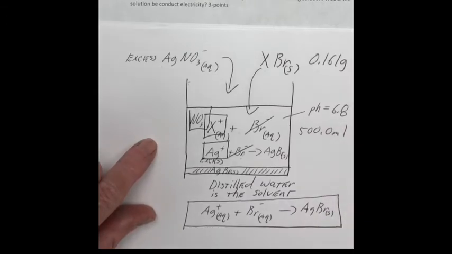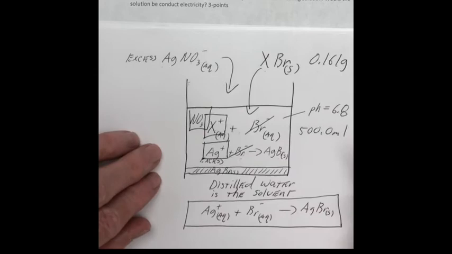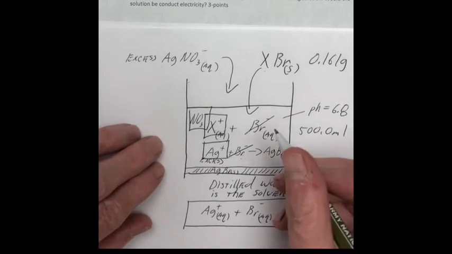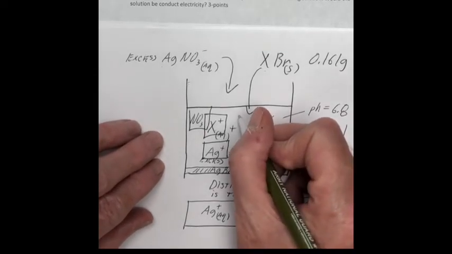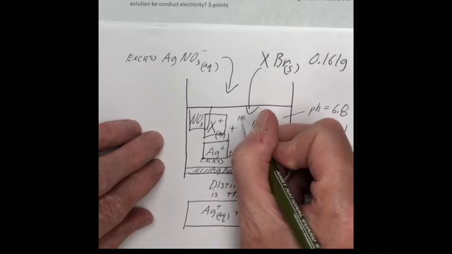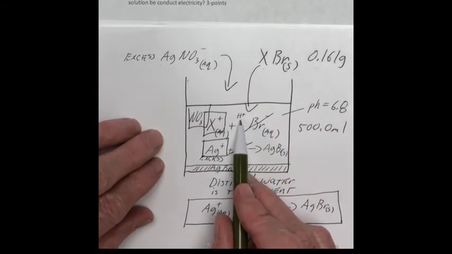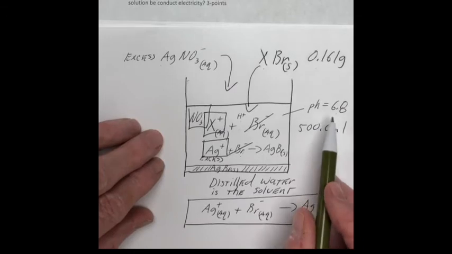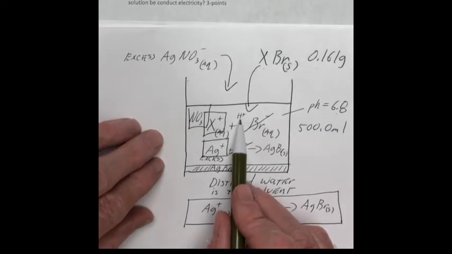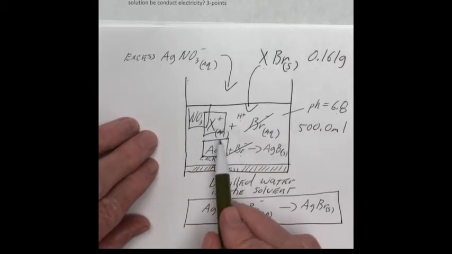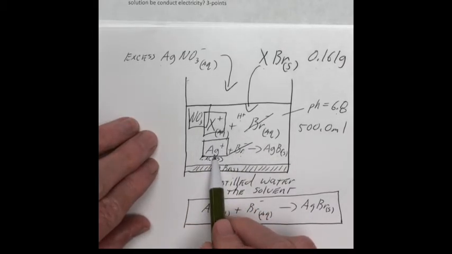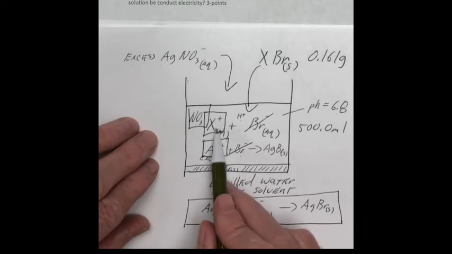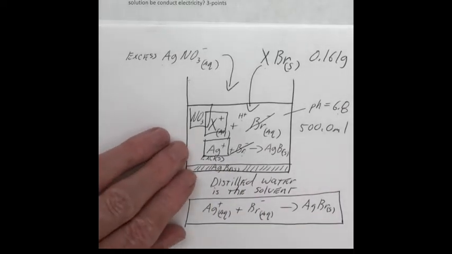So, in this solution, we have small amounts of H positive. So I'm going to put H positive in here. Notice it's slightly acidic. And again, I drew this small because it is small amounts relative to the large amounts of nitrate and the large amount of the silver ions and the X positive ions.